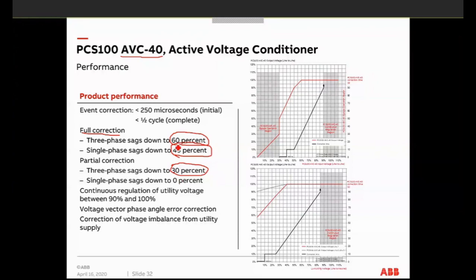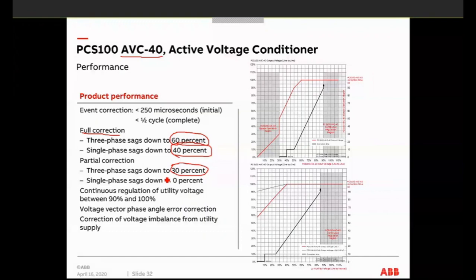On paper, we guarantee that up to 60% remaining voltage, we can give you 100% voltage correction, or full correction. But lower than that, let's say between 60 and 30, the performance of the system depends on the actual load.